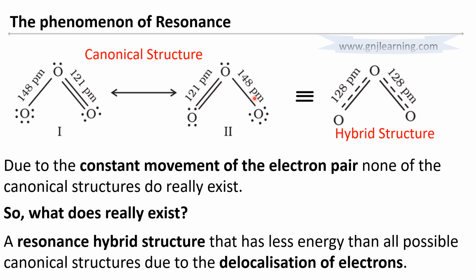If it is happening always, it will appear like this bond is neither single nor double, but it is single, it is double, like that. So partial single and double bond characteristic is acquired, and this phenomenon is called resonance. I hope it is clear. Okay, so we will see more examples for resonance in the coming slides.